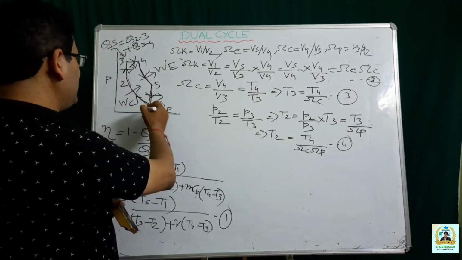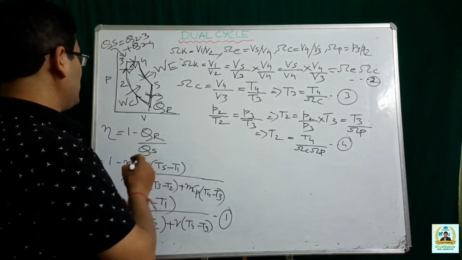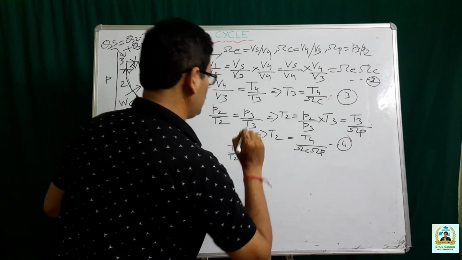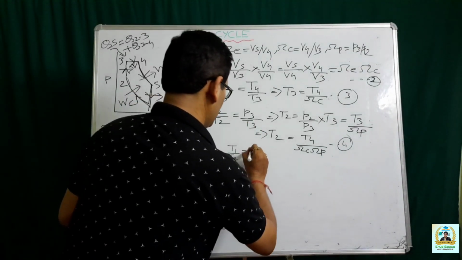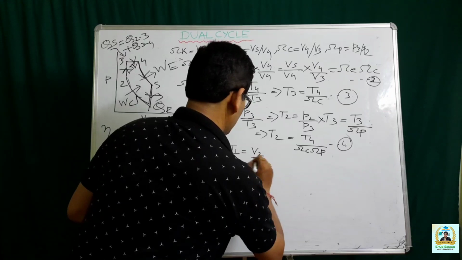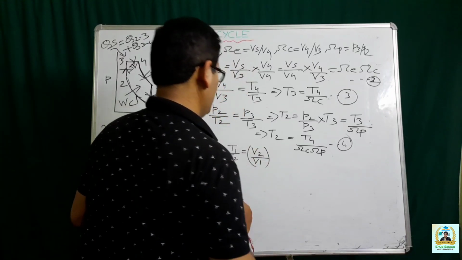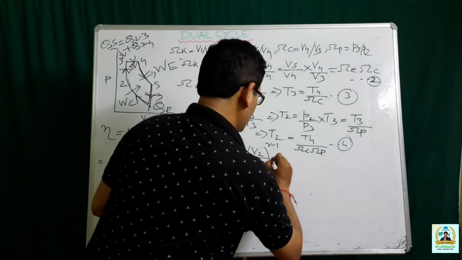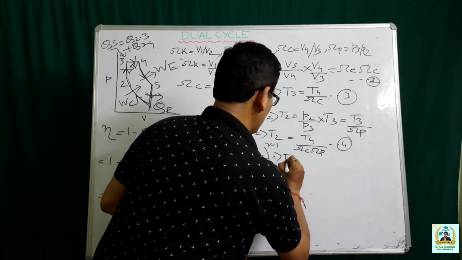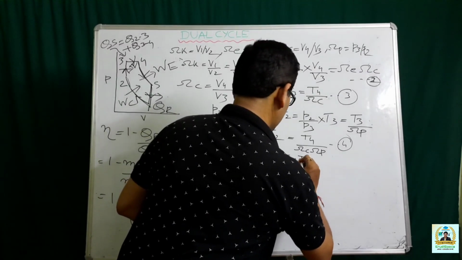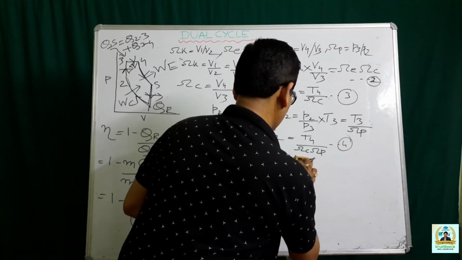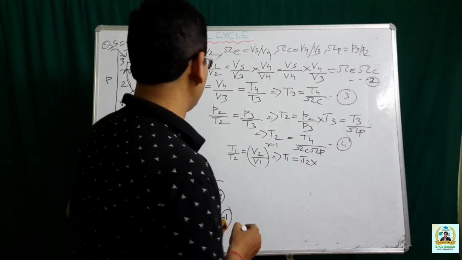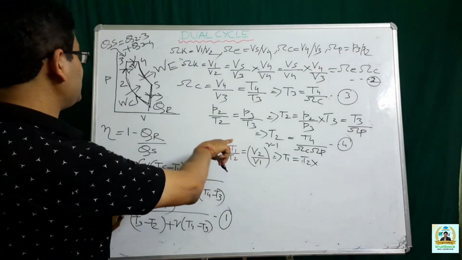For isentropic compression process 1-2, T1 by T2 is equal to V2 by V1 to the power gamma minus 1. This implies T1 is equal to T2 multiplied by V2 by V1.